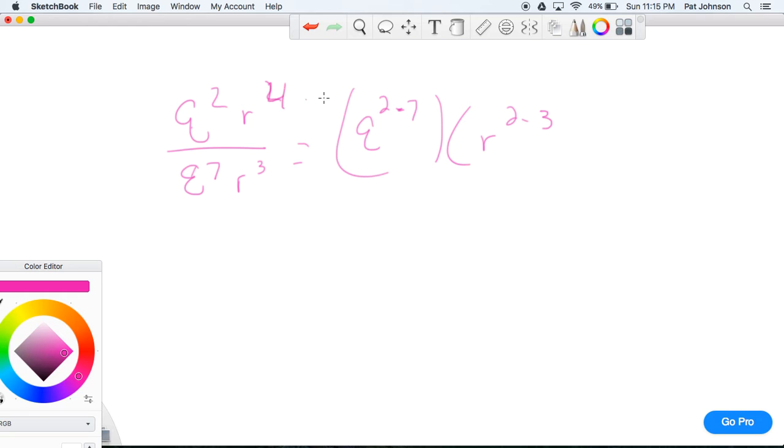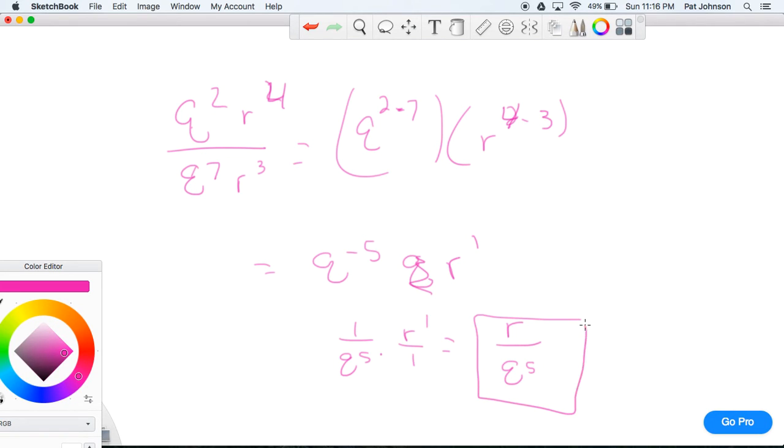This is a 4. 4 minus 3. And then I get q to the negative 5 times r to the first power. I can't have any negative exponents, so I use the definition. This is 1 over q to the 5th times r to the 1 over 1 using fraction rules. Then I get r over q to the 5th. It's simplified, no negative exponents, and each base appears only once.